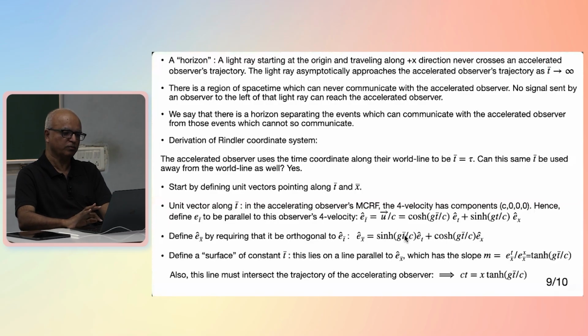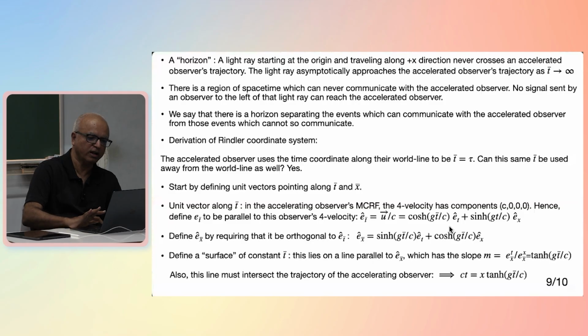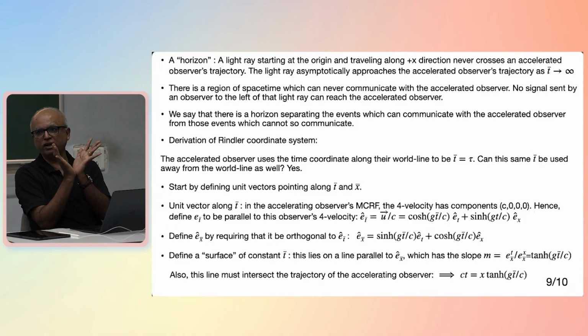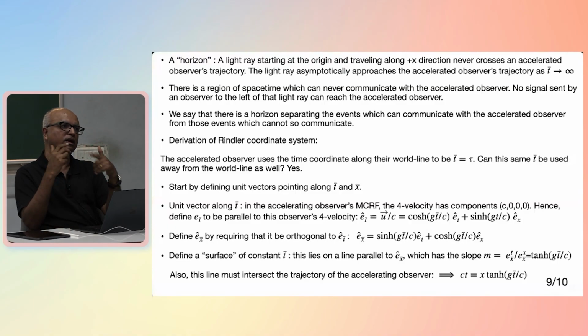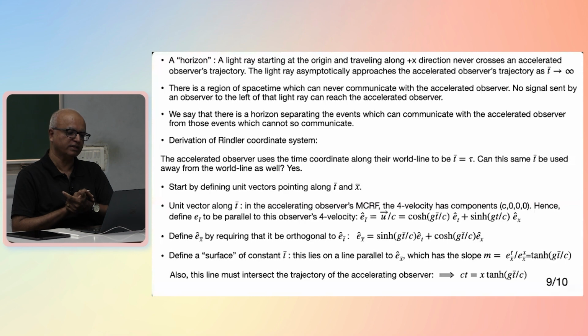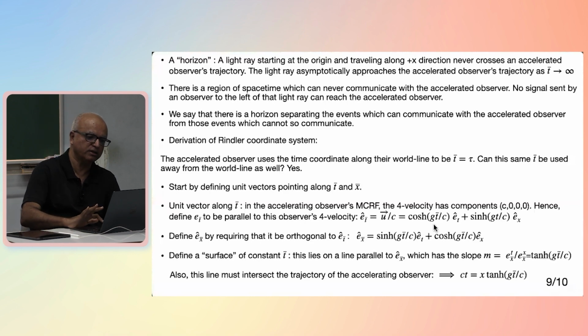Cosh sinh E t squared is minus 1, cosh sinh E x squared is plus 1. So, these cancel. So, this E x bar as defined here is now perpendicular to E t bar. So, I have defined unit vectors in the Rindler coordinate system. So, not x and t, x bar and t bar, and these are the unit vectors.